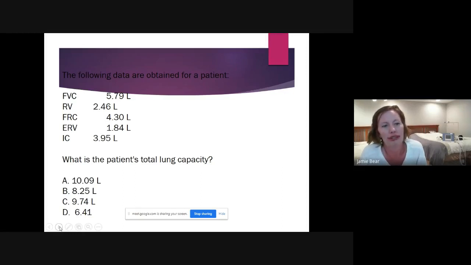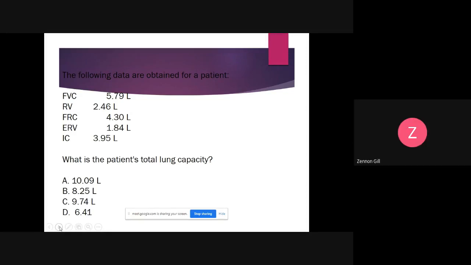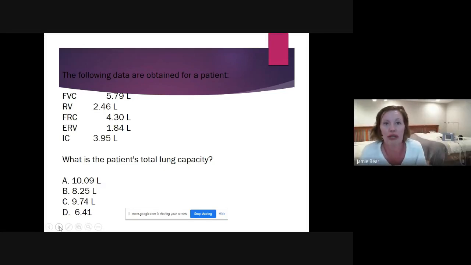What could you add together? Think of your mnemonic. Vital capacity and residual volume. Yes, that could be one. So vital capacity and RV. What's another one you could have done? You're right, that was correct. FRC and IC. Yep, FRC and IC. Good. If you add those together, it's 8.25 liters.